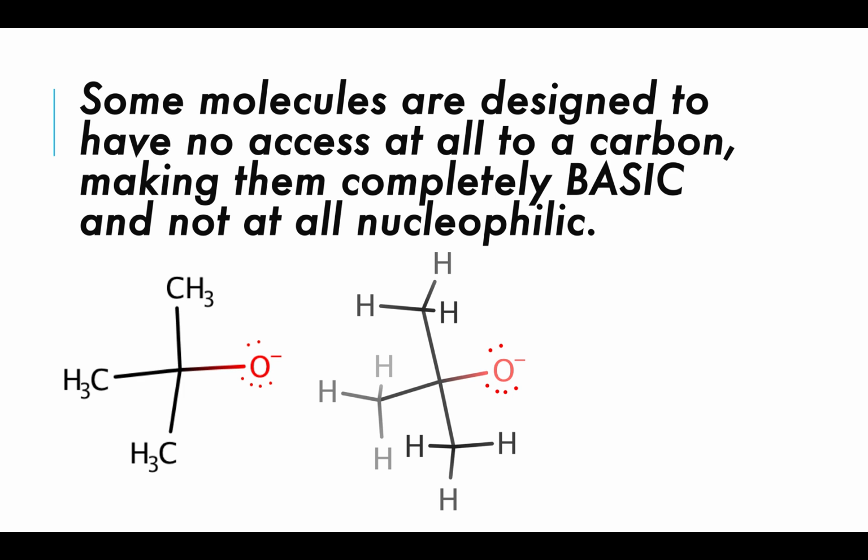So again, I have an alcohol, I remove its proton, it becomes a strong base because again, it wants to go back to its happy neutral alcohol form. Now, the reason why tert-butoxide isn't at all nucleophilic, or the reason it's only a pure base, is that to be able to become a nucleophile, this negative oxygen has to be able to attack a positive carbon.